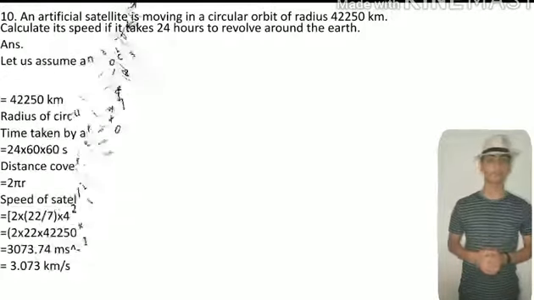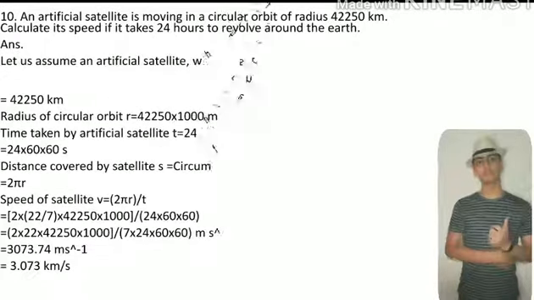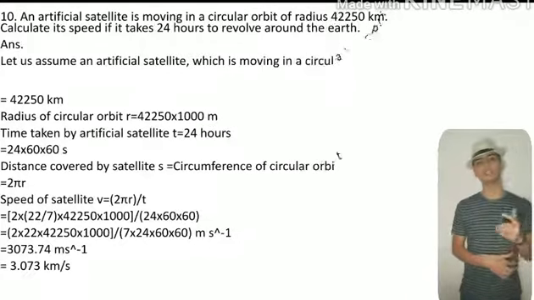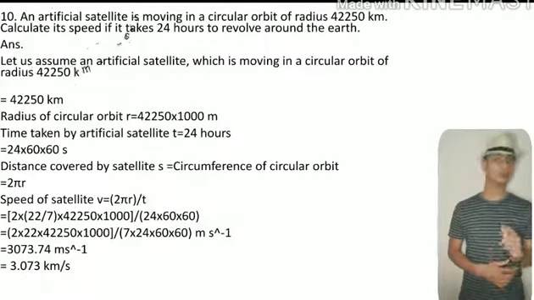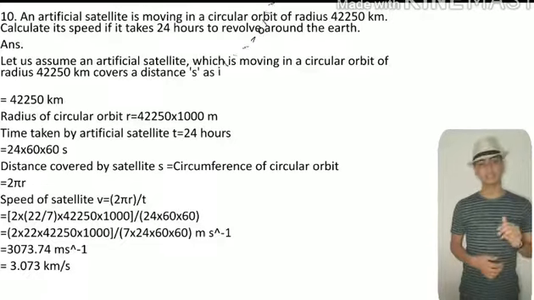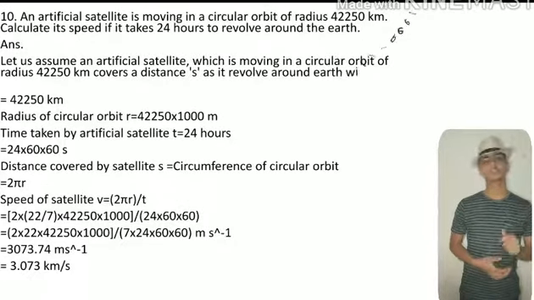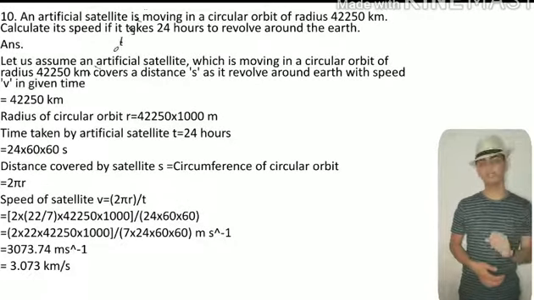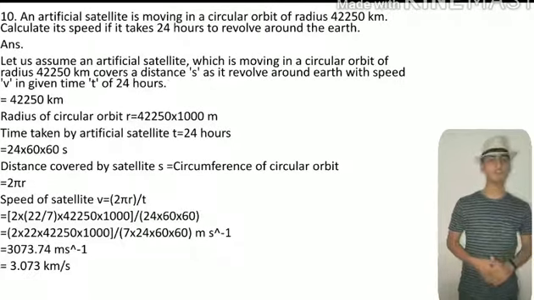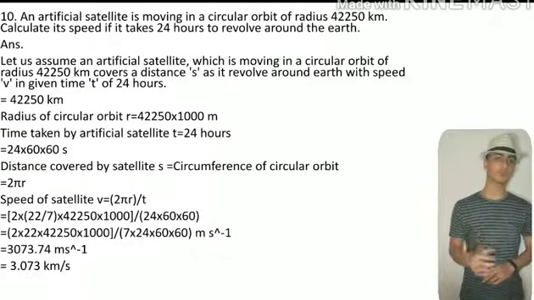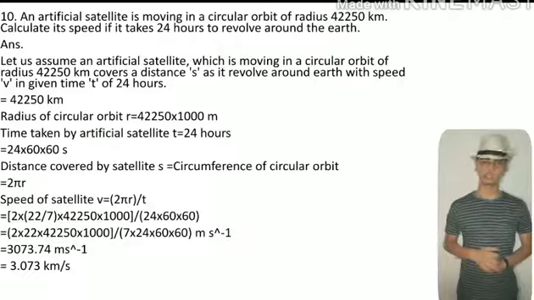So the answer would be, let us assume an artificial satellite moving in a circular orbit of radius 42,250 km covers the distance S as it revolves around the Earth with speed V in the given time t of 24 hours.